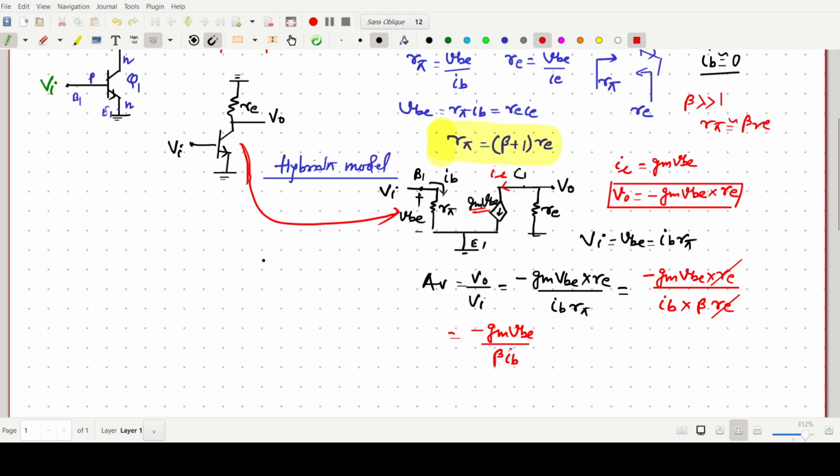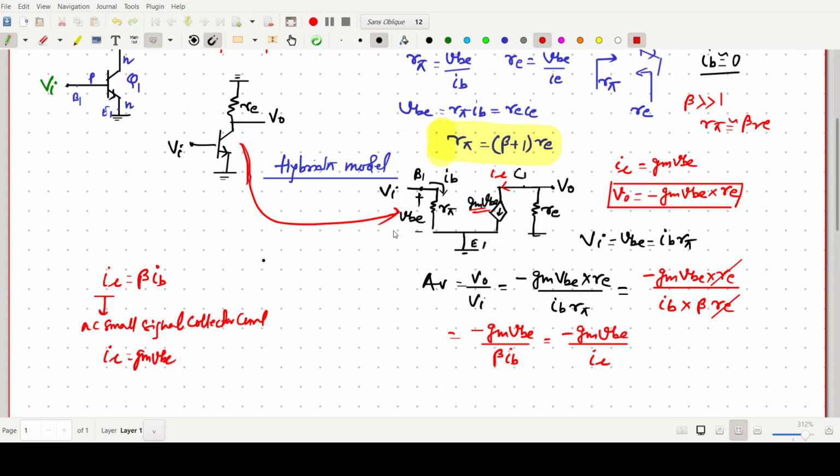Beta IB is nothing but simply the small collector current IC, the small-signal collector current. And IC is also gm times VBE from this model.